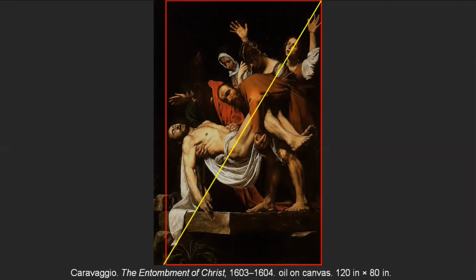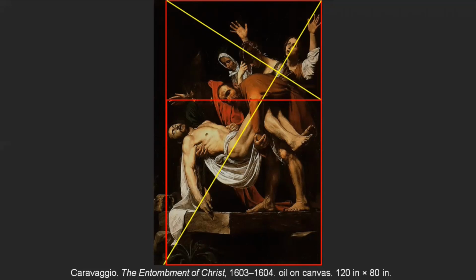I'm then going to find the transverse of that diagonal, which again, Caravaggio is using in a very dynamic way. This captures the leaning head of the mourner behind the man carrying Christ. It is also the diagonal of the mourner behind her. From that section where the transverse intercepts the edge of the picture plane, we'll create our first proportional division here.